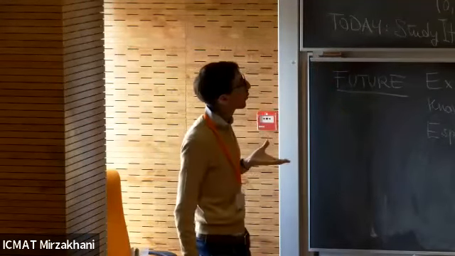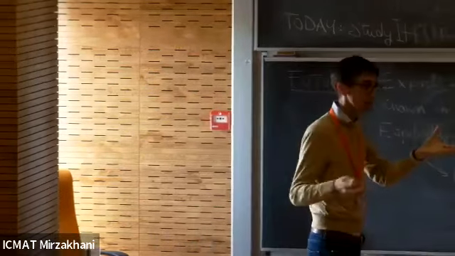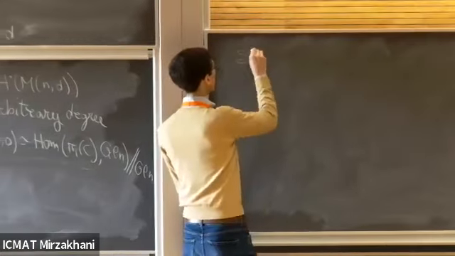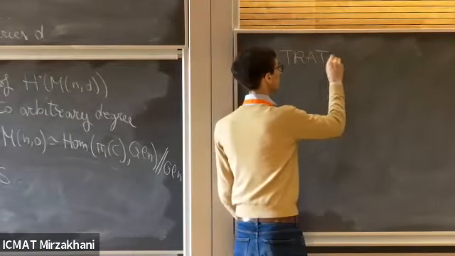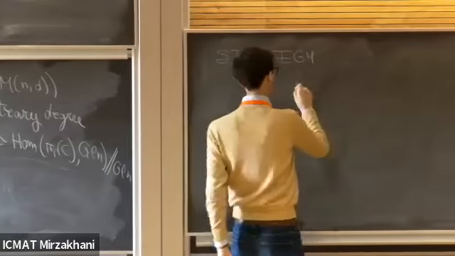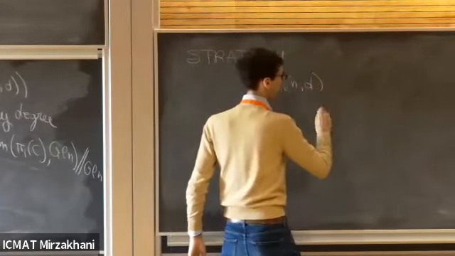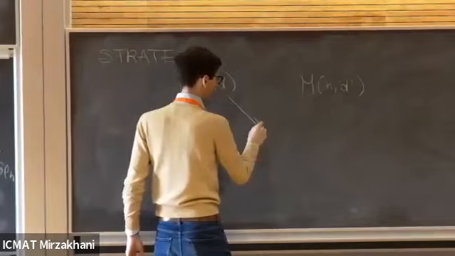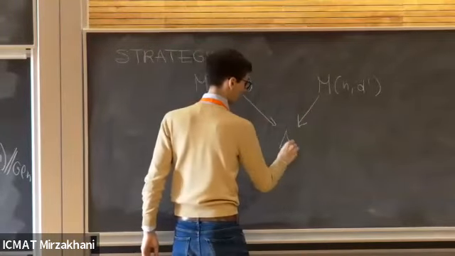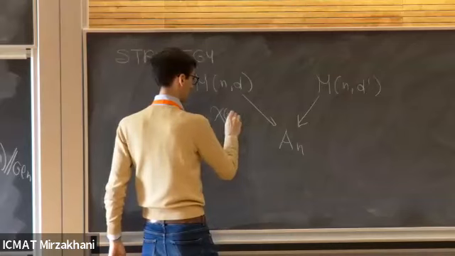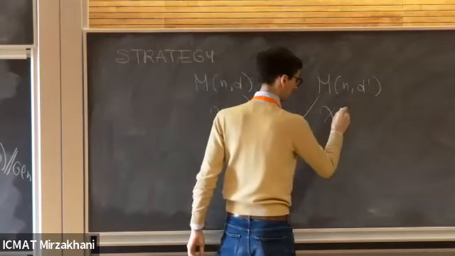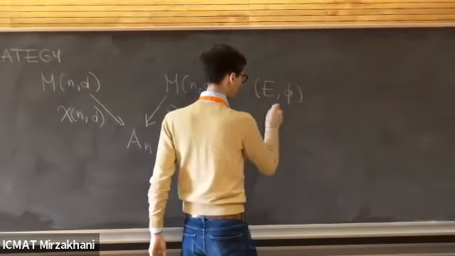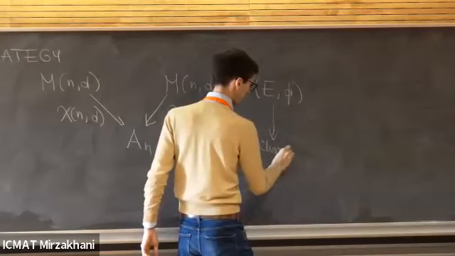So how can we actually compare these spaces if we don't have a geometric map between those? Well, the strategy is the following. We have these two spaces, and both of them fiber over the base of the Hitchin fibration, sending the Higgs bundle to the characteristic polynomial of the Higgs field.